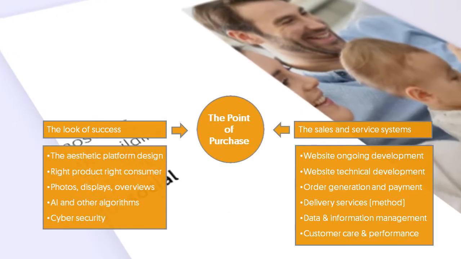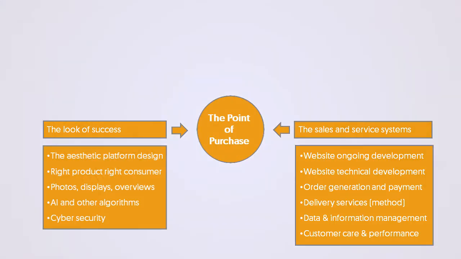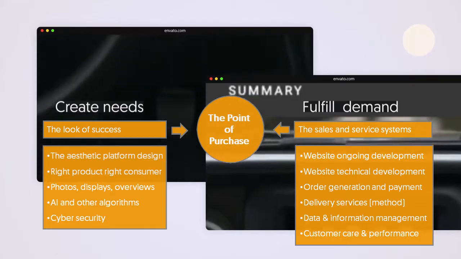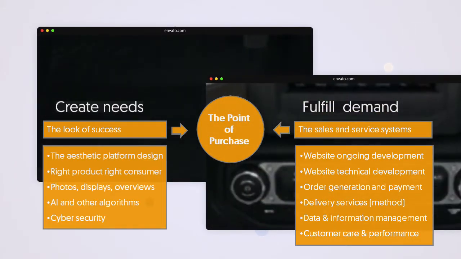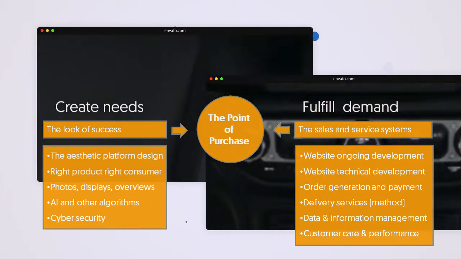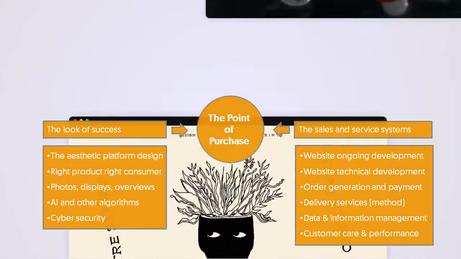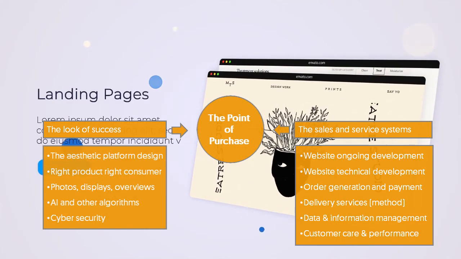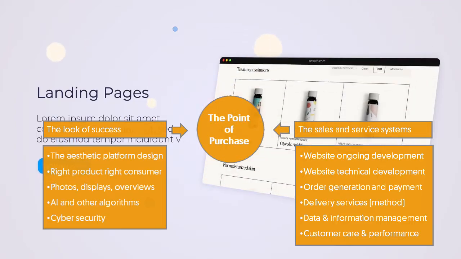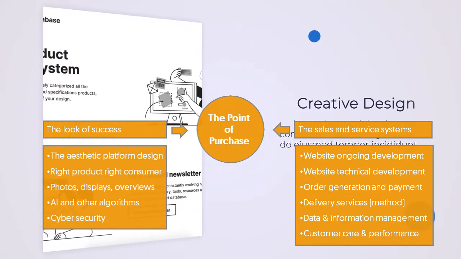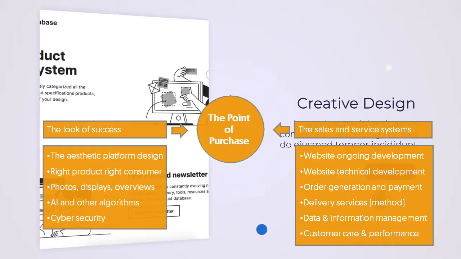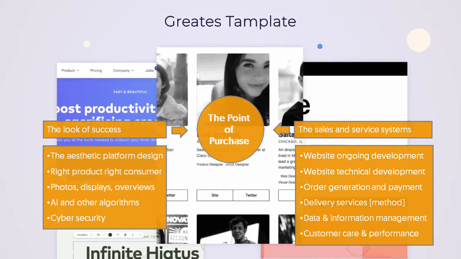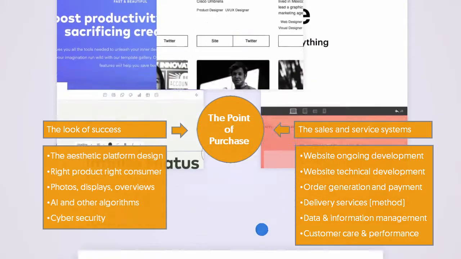The Look of Success factors are shown on the left and the sales and service systems on the right. The consumer user experience is core to our platform, and we aim to create a Look of Success that reflects how we want users to interact with it. It is imperative to recognize that the company owns the platform exclusively and is responsible for its design.